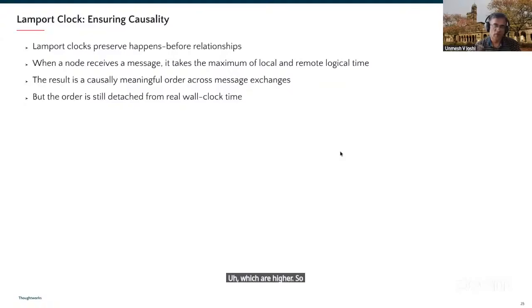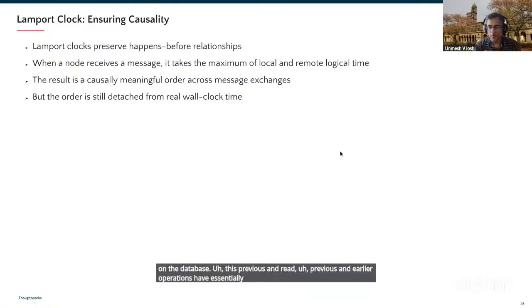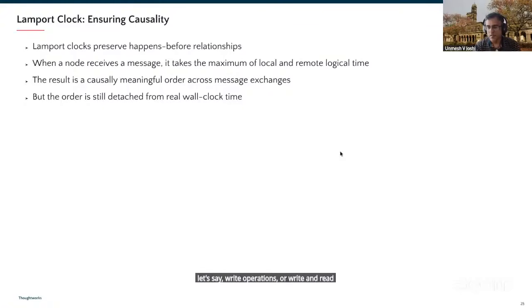So a later operation will always have a higher timestamp, and a previous operation will always have a lower timestamp. When it comes to data stored on the database, these previous and later operations are, let's say, write operations or write and read operations.